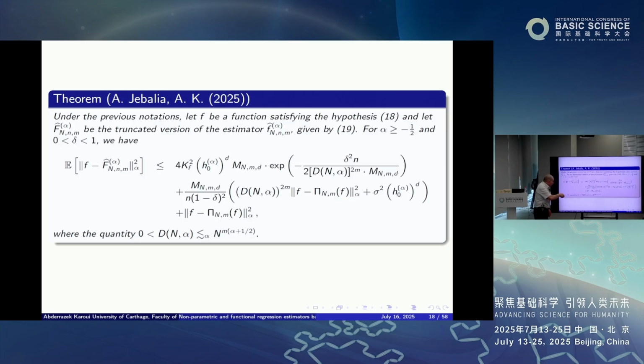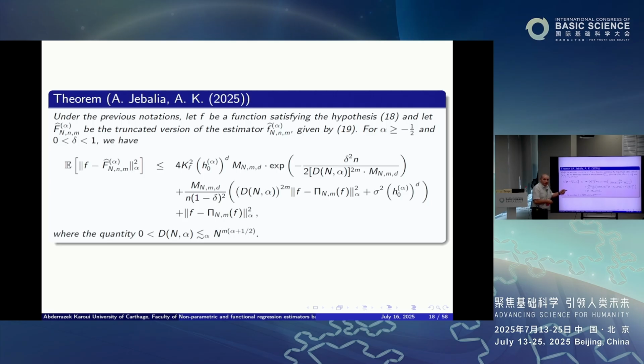There are three terms. When you develop the risk error, there are two components. The first one is the variance, the second one is the bias. The variance is sigma squared over n times a constant. That's the variance term. And this is the bias term, where you have to get an estimate of f minus its projection.